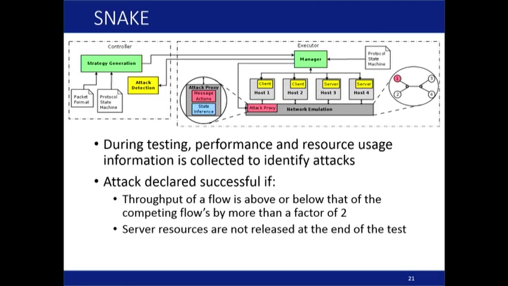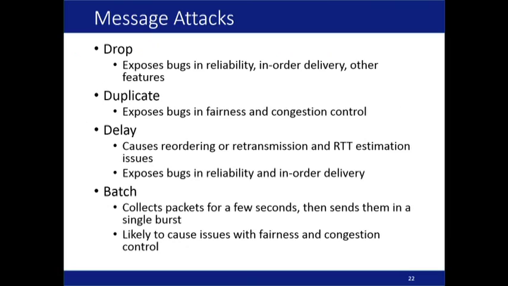We also declare an attack successful if we observe that there are server resources that are not released properly at the end of our test, indicating a potential resource exhaustion attack. Okay, so the message-based attacks that we use, we developed through a careful examination of literature on existing attacks on these protocols.